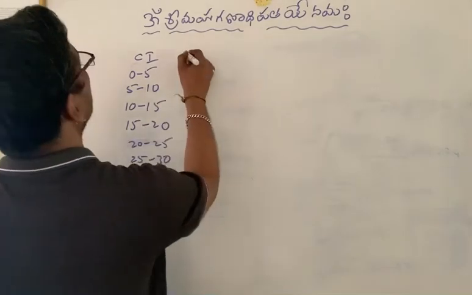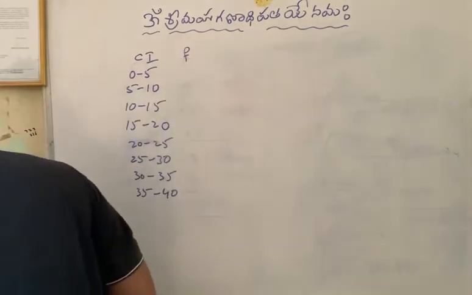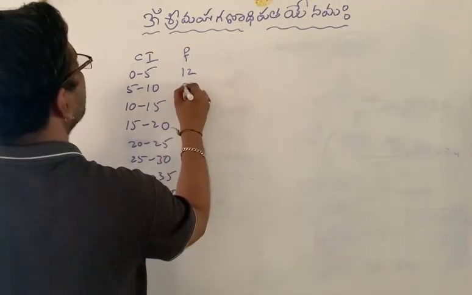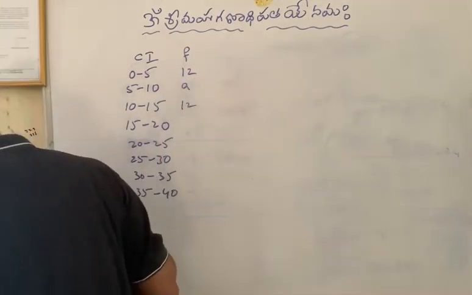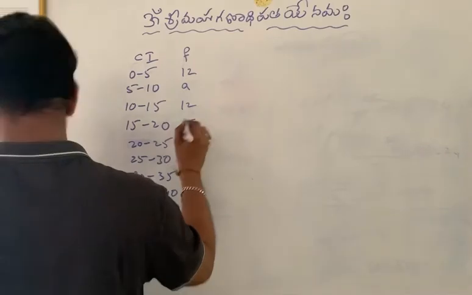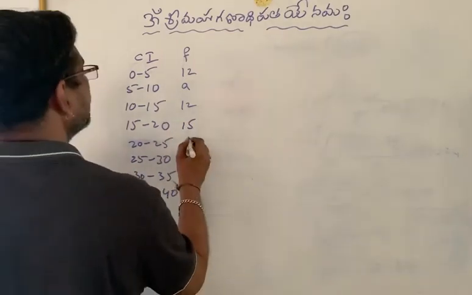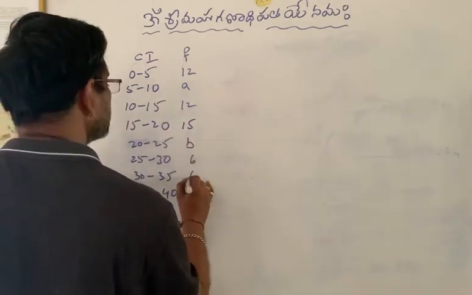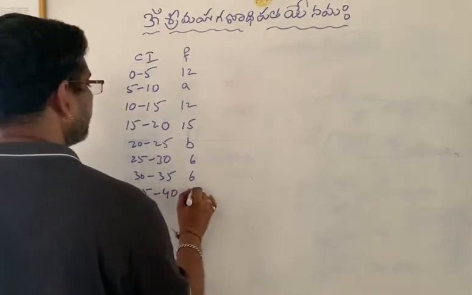Now the frequencies are 12, A, 12, 15, B, 6, 6, 4.